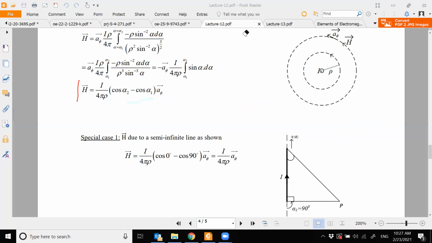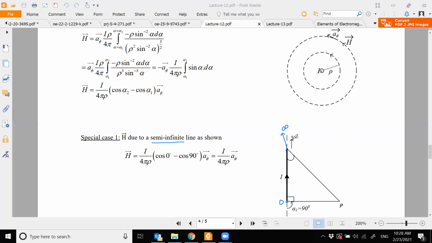Now, if we take a special case where our line is semi-infinite, that means one end, if you see here, is finite. That means I can see this end. But the other end is infinite, going towards infinity.